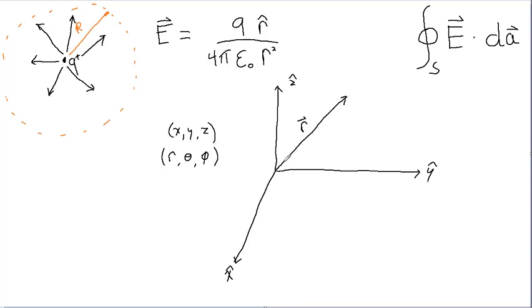So r is the distance from the origin, and then theta is going to be defined as the angle of r from the z axis. If theta was 0 in the example that you see right here, r would appear to be pointing directly up along the z-axis.